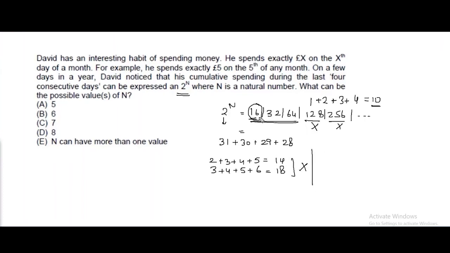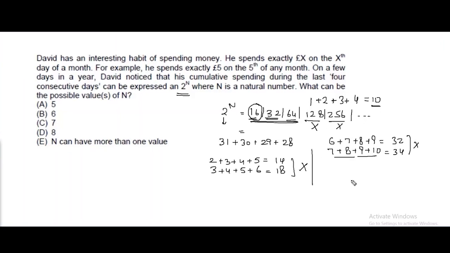Similarly, if I look for 32, the average is 8, right? If I look at the numbers 7 plus 8 plus 9 plus 10, that is 19 plus 15, that will be 34. And if I take one lesser number, 6, 7, 8, 9, the answer will be 32. Again, not possible.